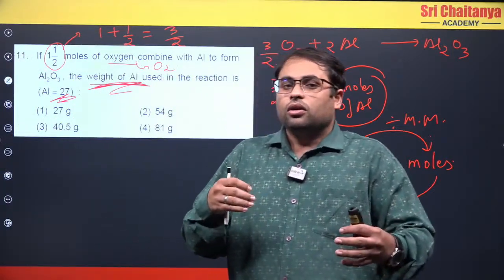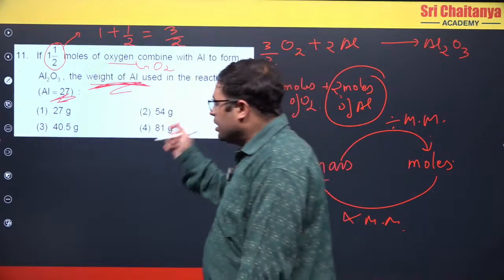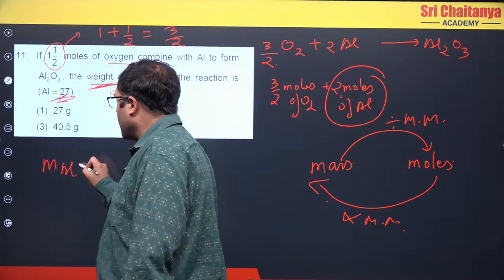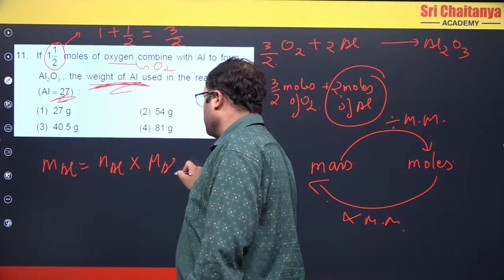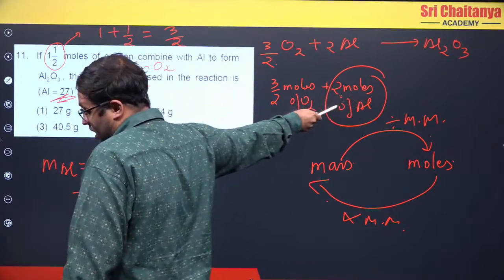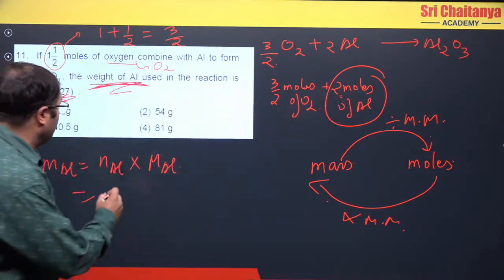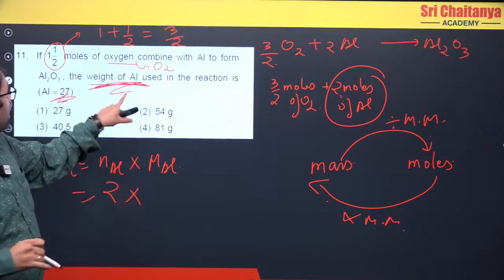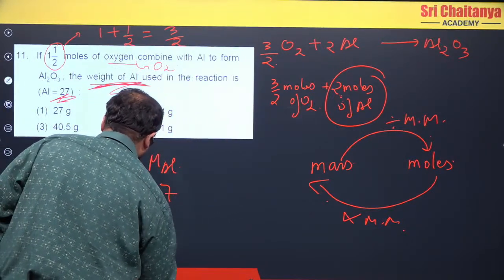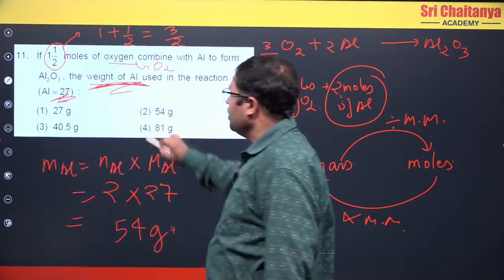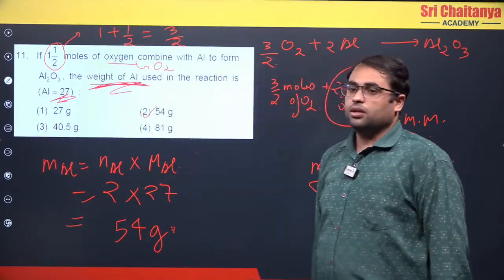So to get the mass of aluminium, I just have to multiply the moles of aluminium by the molar mass of aluminium. The moles here you can see is 2, so multiply 2 by the molar mass, 27. You will get 54 grams. This is the answer, right?